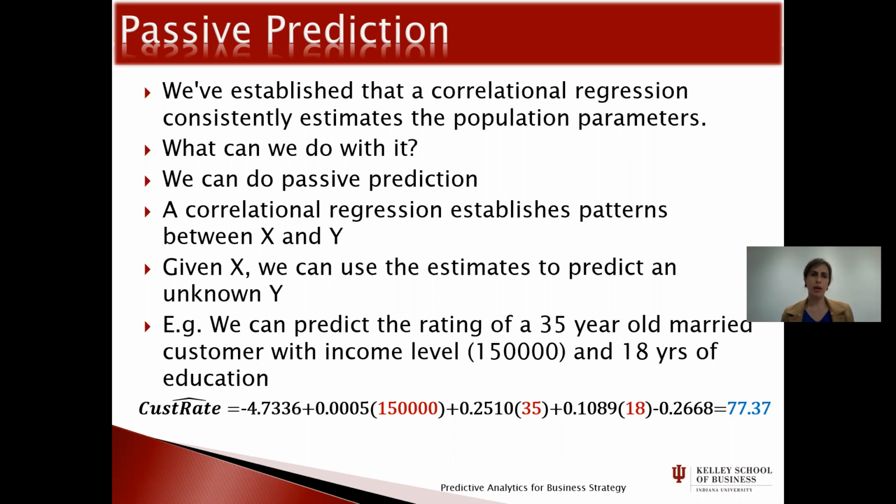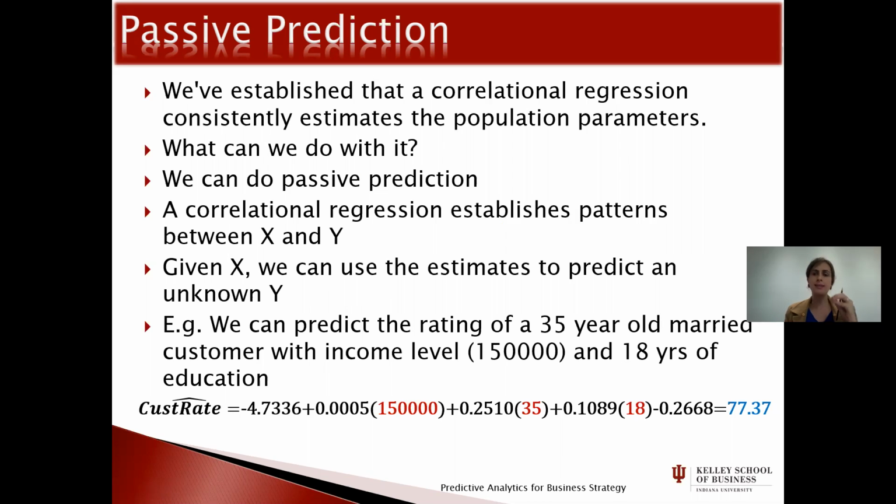Once we run a regression, 100% of the time that regression is going to be useful for passive prediction. What is passive prediction? Well, there's a bunch of Xs out there, and we see a relationship between those Xs and our outcome variable. We're saying they are moving together and they have a certain behavior, and we're going to use that behavior to try to make predictions.